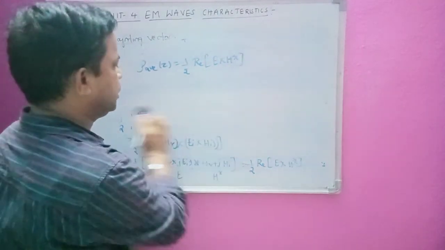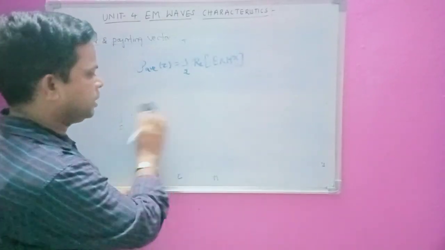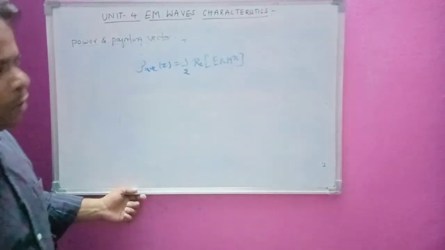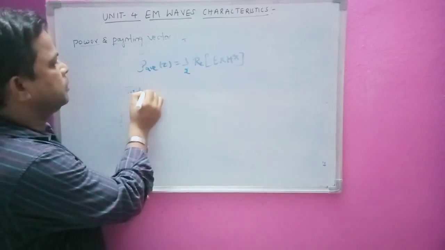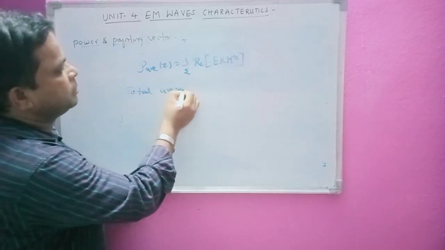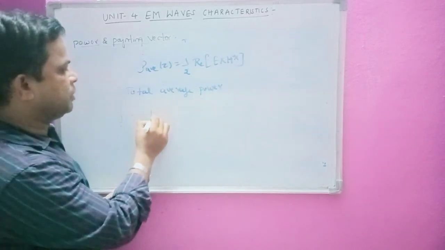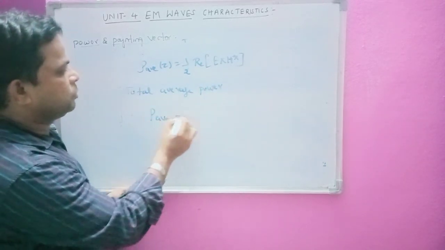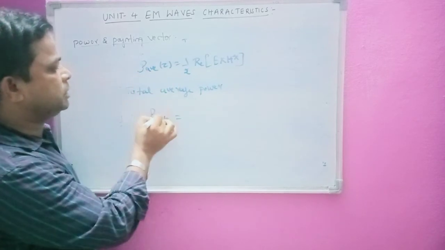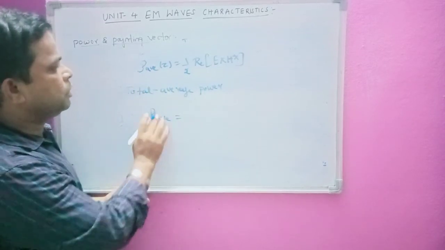And finally I am going to write the total average power here, that is given by this capital P average. So don't get confused between this and this. This is the total average power here.